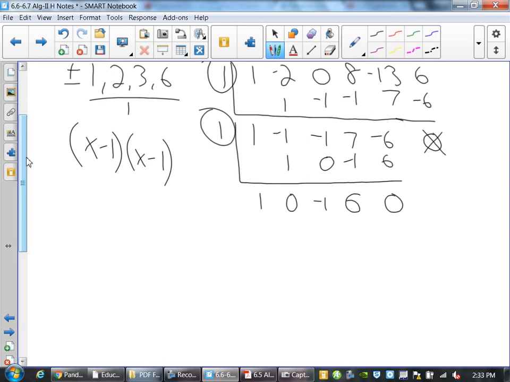So if you do check 1 again, for fun, you see right away it doesn't work. I used to do math homework for fun. No, that's okay. There's nothing wrong with that. So then I go to -1 and I check it at -1. We're dropping real bombs here. And it doesn't work again. So now I go to 2.